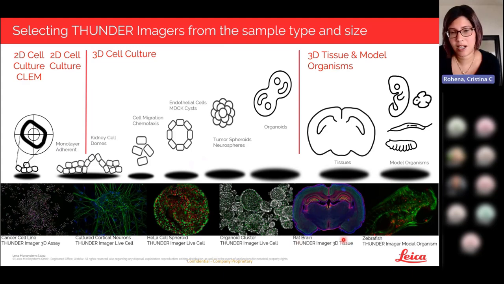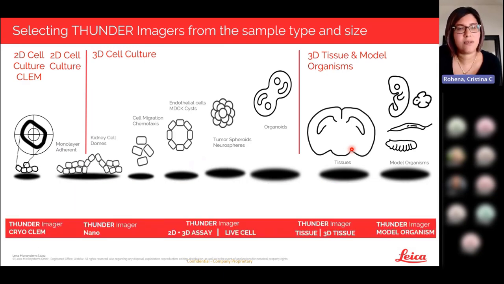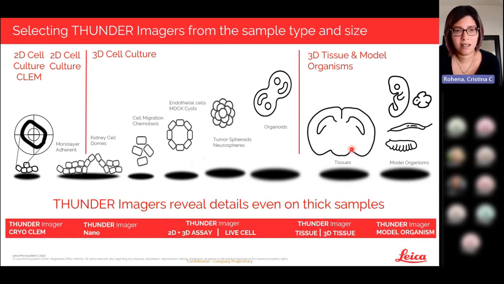Shown here is a rat brain and a zebrafish as well. What's really neat is that we have a system suited for each one of those different applications, from monolayers all the way up to model organisms. So Thunder Imagers really allow you to reveal the detail, even on thick samples.